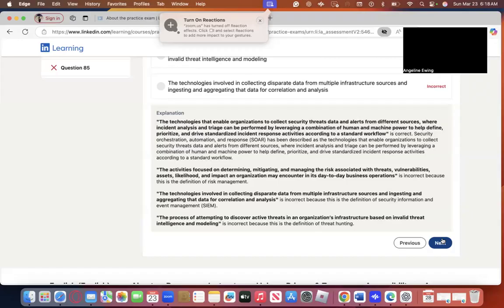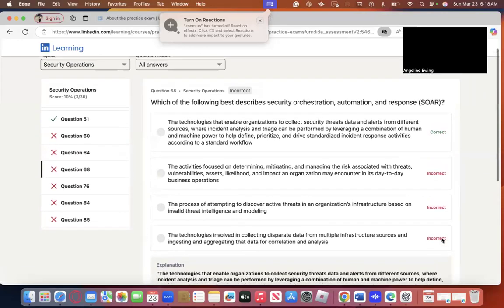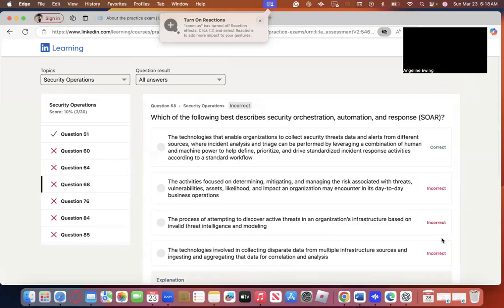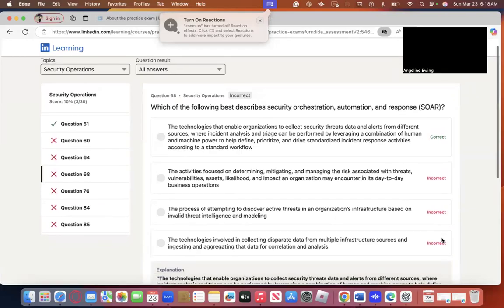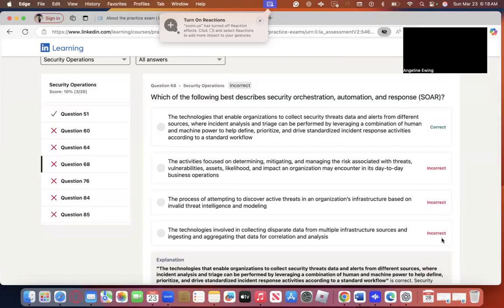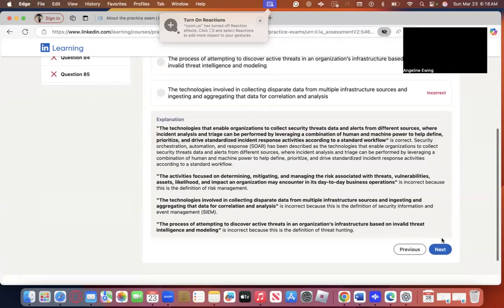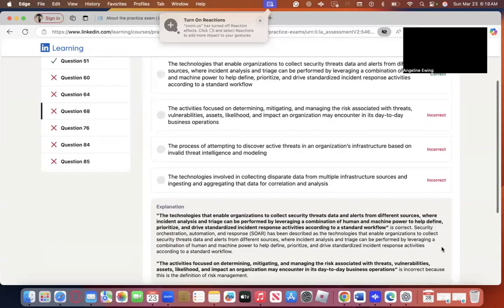So we have four definitions here. They were asking about security orchestration, automation, and response. So let's define these four things that a business uses every day: SOAR, SIEM, risk management, and threat hunting.